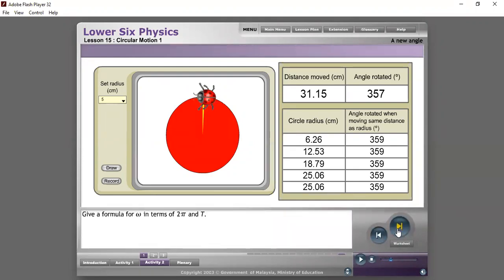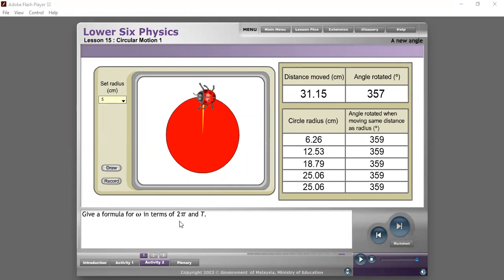Give a formula for omega in terms of 2 pi and T. So for the angular velocity we use a symbol that looks like W, but it is named omega. Omega equals V, as we know V is equal to S over T, right?